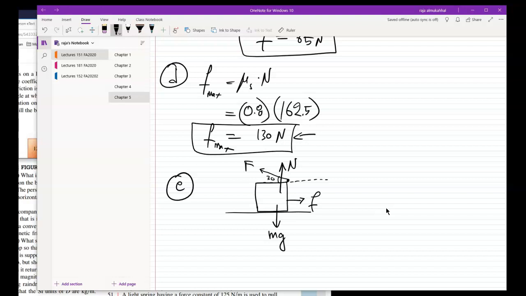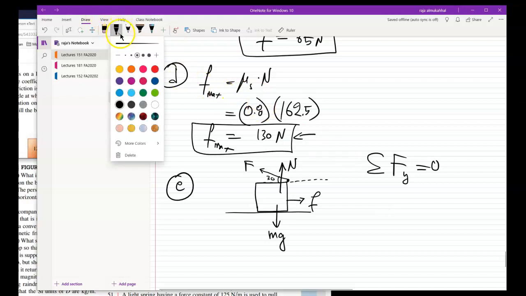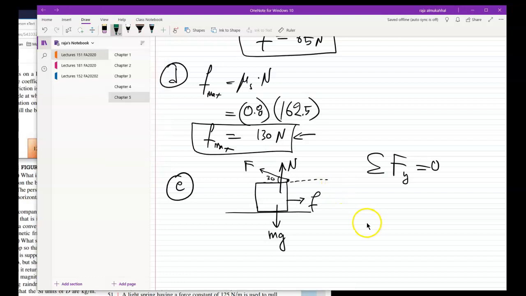Now when I get my equation of motion, I'm more interested in the normal, since it's normal in the y direction, so F sub y equals 0. Let me resolve it. Let me use a different color. As far as the force F is concerned, it has two components.